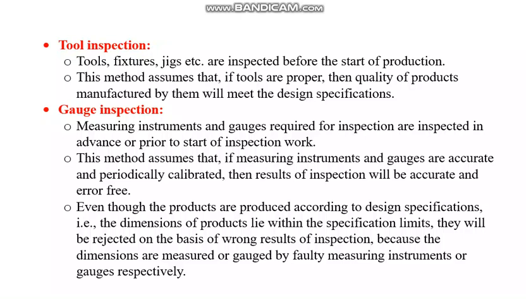When you do the calibration, calibration is nothing but maintenance of these measuring instruments, you can say, and bringing them to good operating conditions, just as a new instrument would have worked.